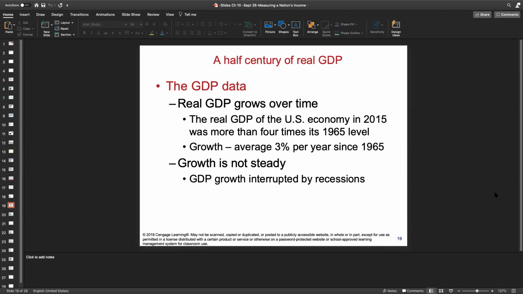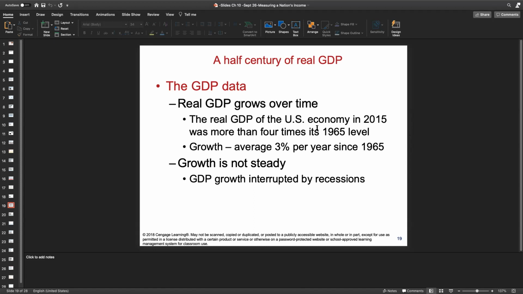Now we are going to go to the half century of real GDP. So the real GDP grows over time, and that's usually the case for all countries. So over the long term, the trend for GDP growth is always positive.